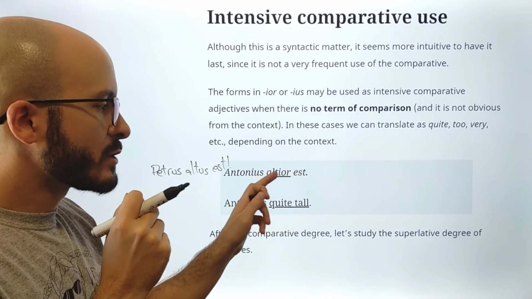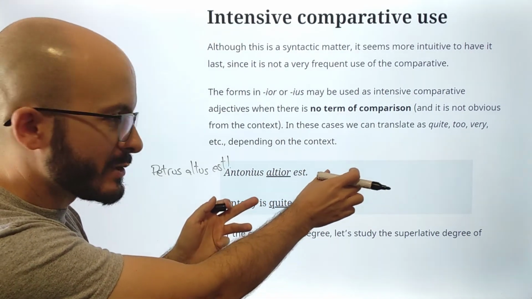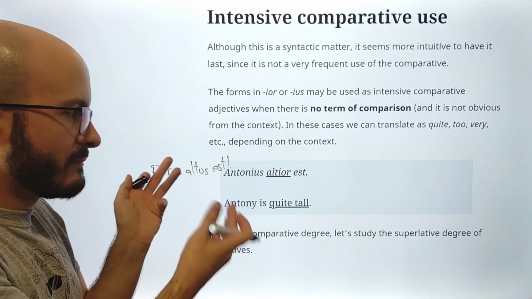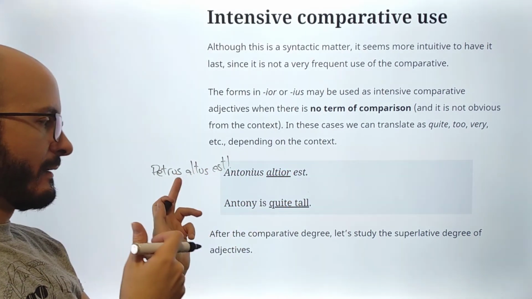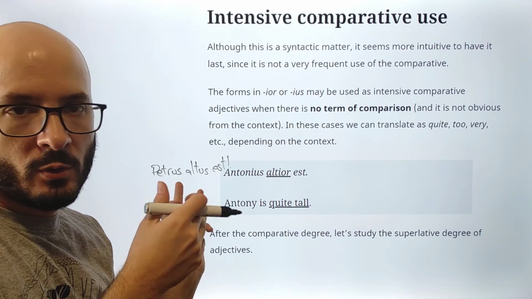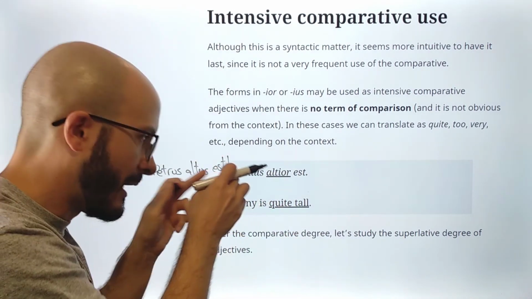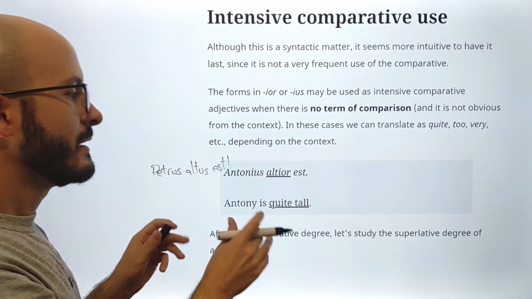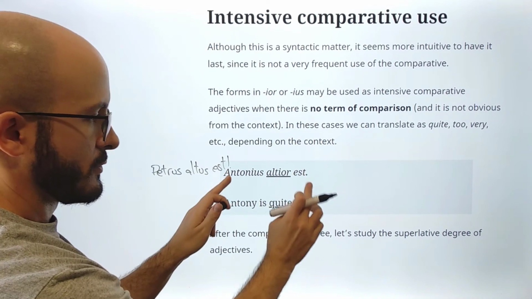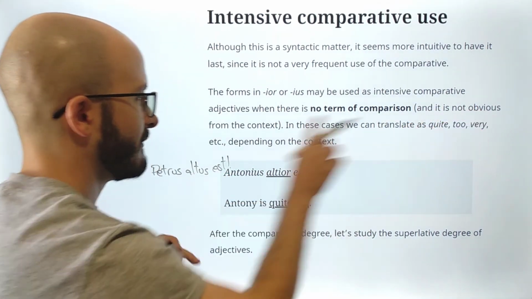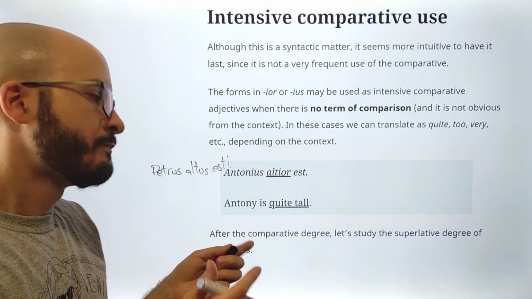We don't say Antonius altior est Petro. But this quam Petrus is kind of from the context, no? Of course, we are referring that he's taller than Petrus, whom we said just before that he's tall. But Antonius is even taller. Okay? So this is what I mean by no term of comparison, and it is not obvious from the context, because, for example, we just mentioned something, okay?